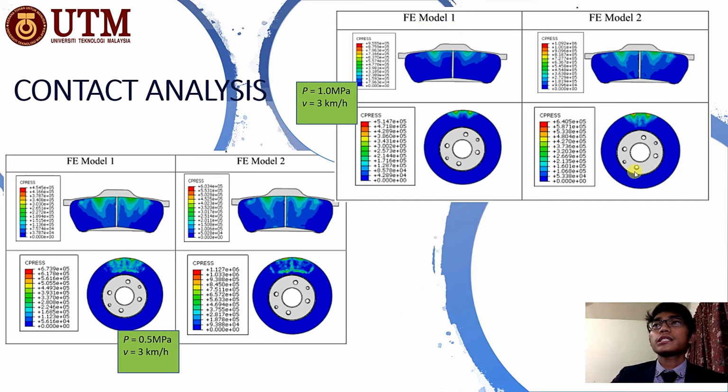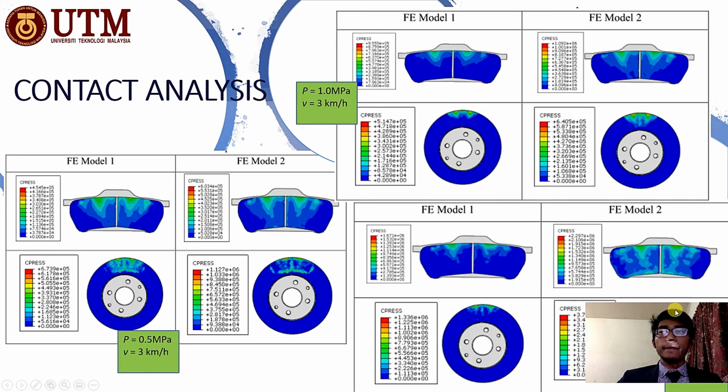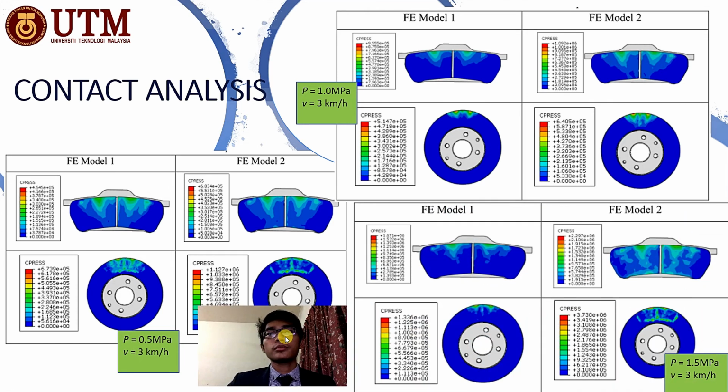For the disc, the pressure exerted is 0.64 megapascal for FE model 2 and 0.51 megapascal for FE model 1. The last one is for pressure 1.5 megapascal and velocity of 3 km per hour.